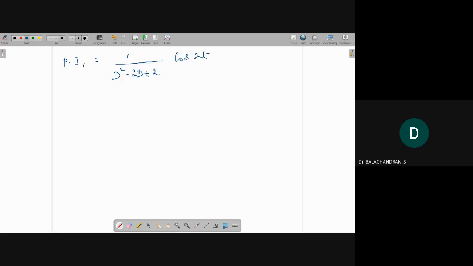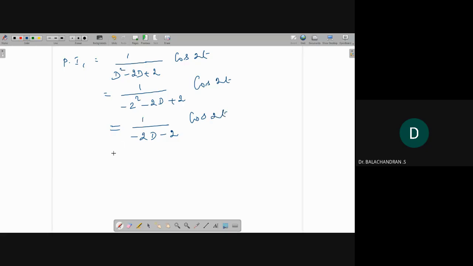So replace D square by minus 2 square. Cos 2t. So 1 by minus 2D minus 4 plus 2, which is minus 2D minus 2, into cos 2t.